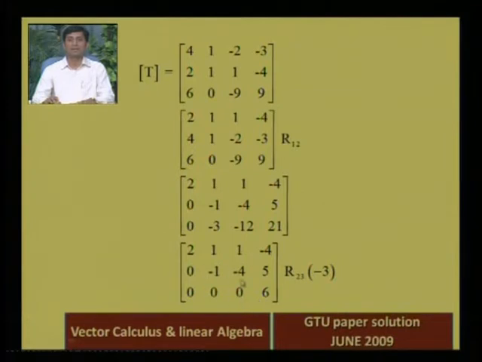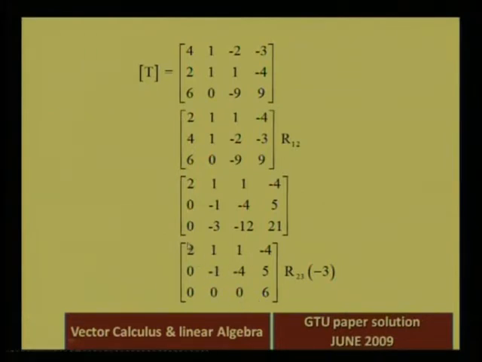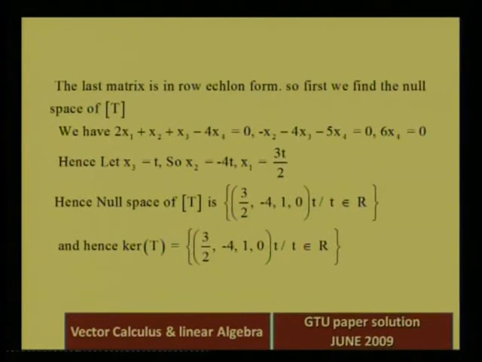Now this is in row echelon form. This is our leading entry, below that leading entry we have 0, in the second row this is our leading entry, below that leading entry we have 0. So using this row echelon form matrix we can find the null space of a matrix. The last matrix is in row echelon form.